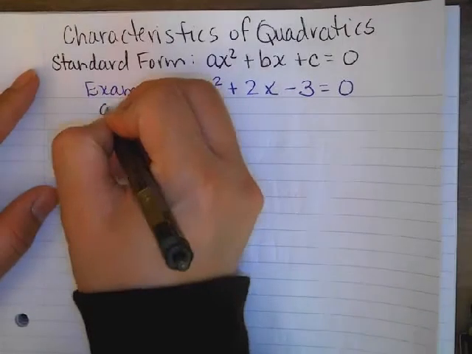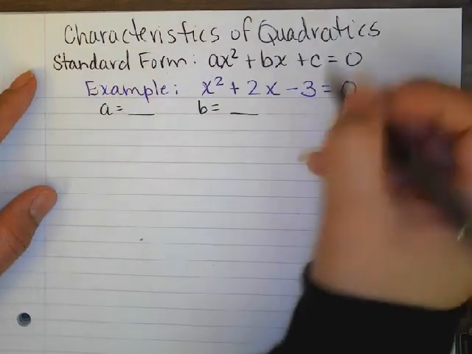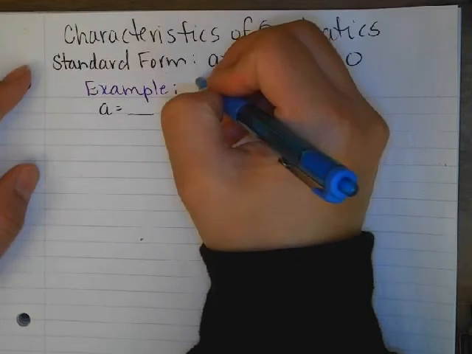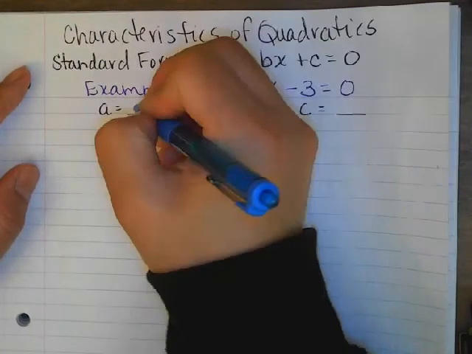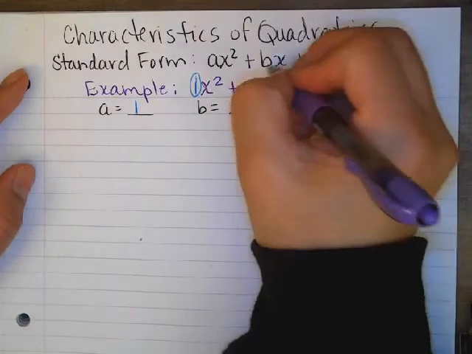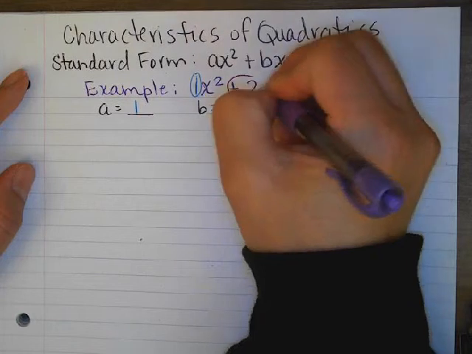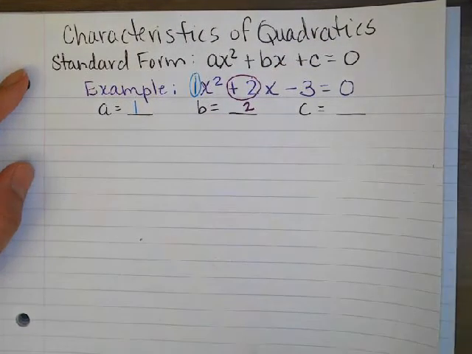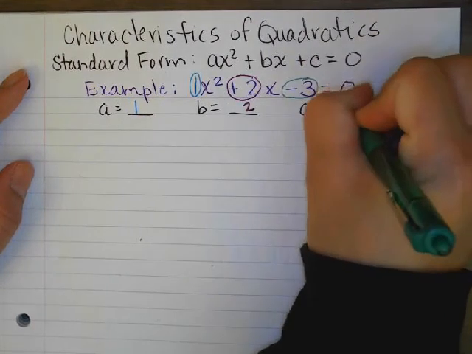Next to the x squared is your a, but in this case it's an imaginary 1. Next to your x is your b, which is a 2. And finally, the last number, c, is a negative 3.